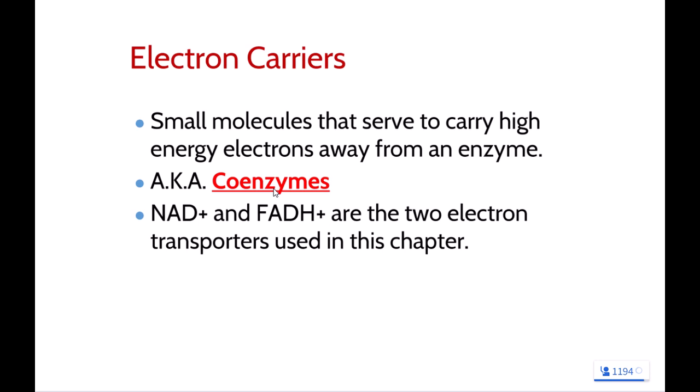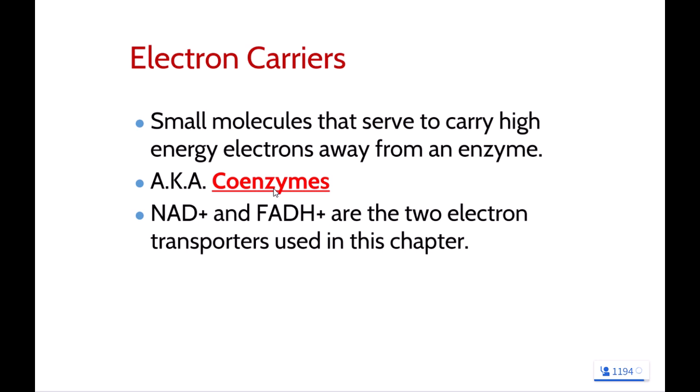Now, as we're going through this process, we need some helpers. The enzymes all by themselves aren't adequate. So we're going to have some transporters to help the enzymes, or some coenzymes. These electron carriers, or coenzymes, function to help us harvest the energy as we burn our sugar, as we burn our food.